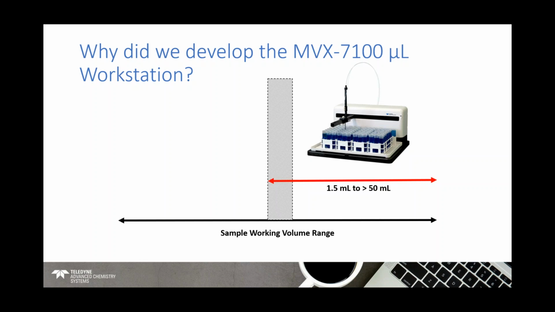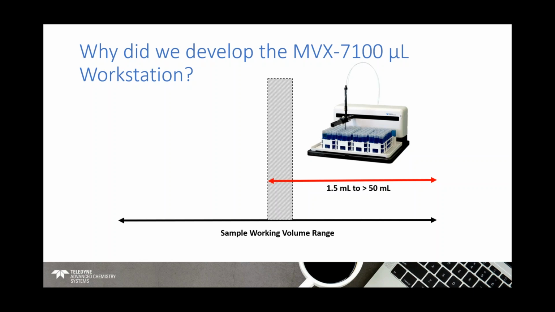On the right-hand side here, we've got a diagram of what you might call a standard autosampler for ICP-MS. This is our ASX 560 system. For that system, you'd be looking to introduce sample volumes via a peristaltic pump to an ICP-MS within the range of, say, about 1.5 milliliters at the bottom end, up to and greater than 50 milliliters.